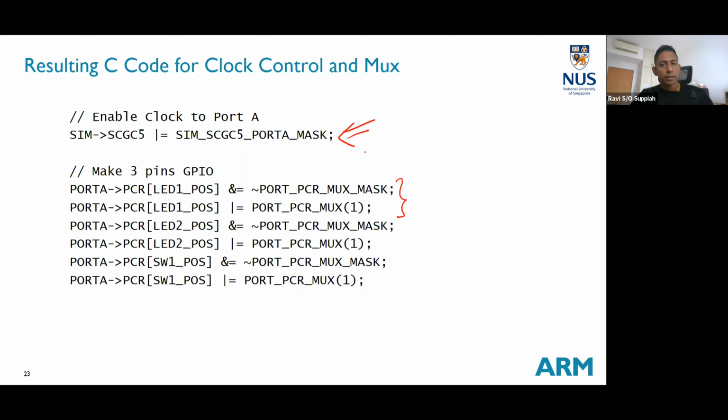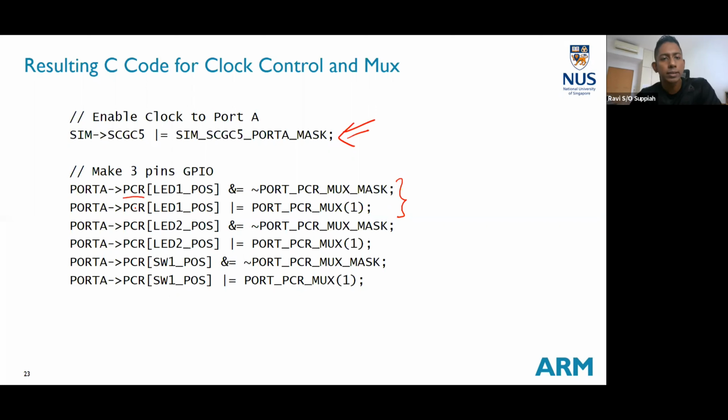Okay, once I enable the clocking, I need to configure the multiplexing. So for the multiplexing, what am I doing? I'm doing 2 steps here. For port A, the way in which you will code is you will use PORTA as a structure pointer, and you're going to point to the PCR register.